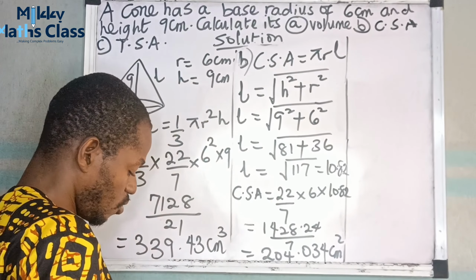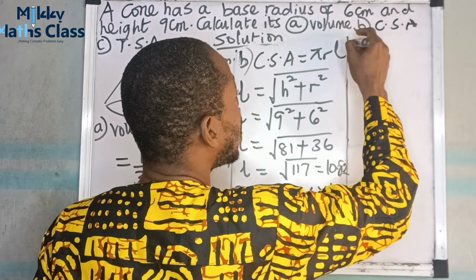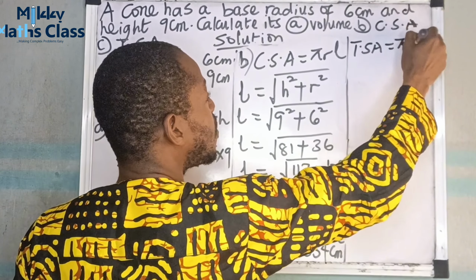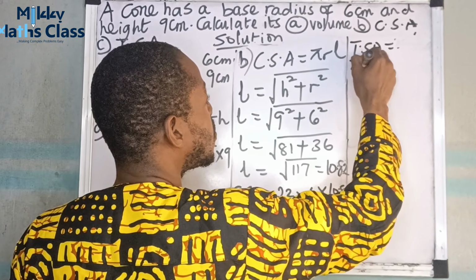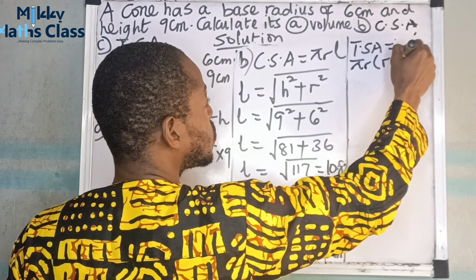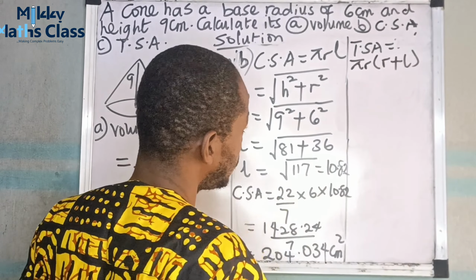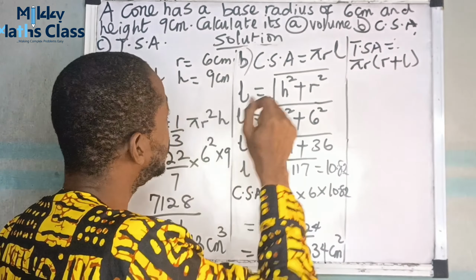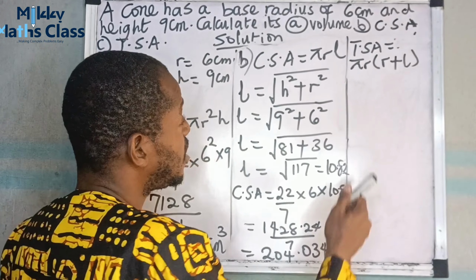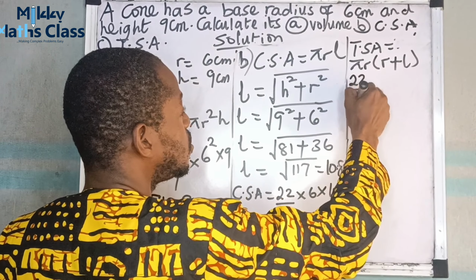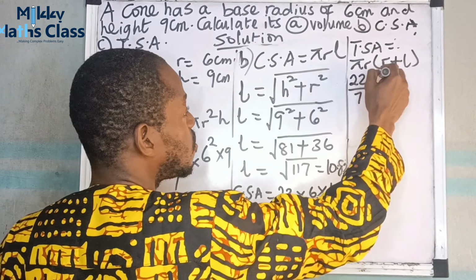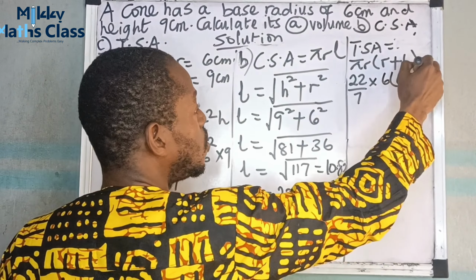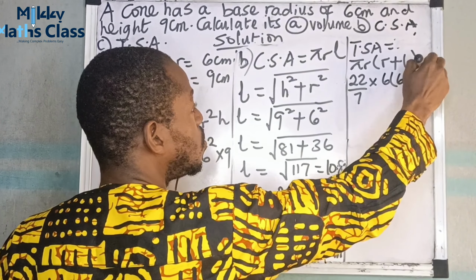Last but not the least, the total surface area. So our TSA is equal to pi r into brackets r plus L, the slant height. That's the formula. Then from here, our pi is 22/7. Let's plug it in. 22/7 times our radius 6, into brackets 6 plus 10.82.